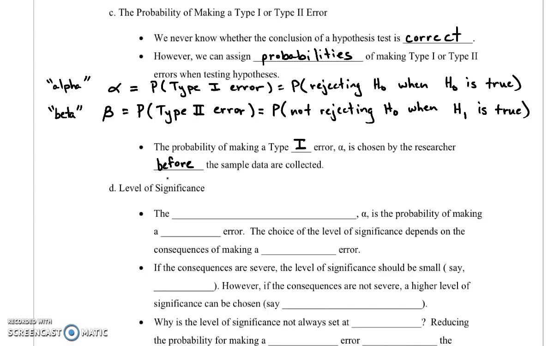Now, the level of significance is alpha, which, remember, is the probability of making a type 1 error. The choice of level of significance depends on the consequences of making that type 1 error.